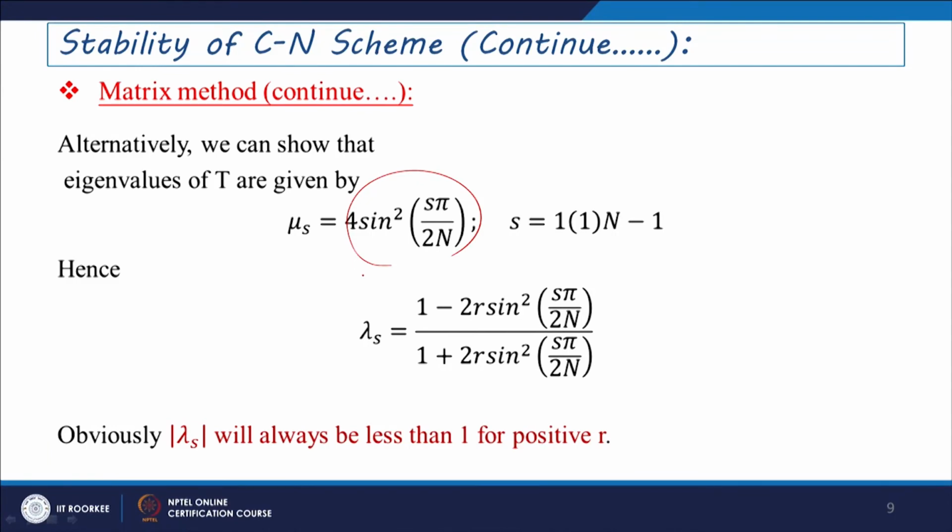Even for that condition, if you check the lambda s value, it will come as (1 minus 2r sine square (s pi by 2n)) by (1 plus 2r sine square (s pi by 2n)), since it is defined in the form of (1 minus 2r mu) by (1 plus 2r mu) there. So obviously lambda s is less than 1 for all positive values, so we get this condition also.